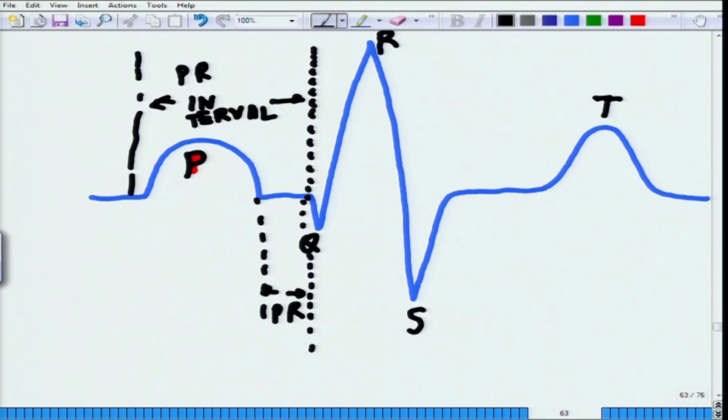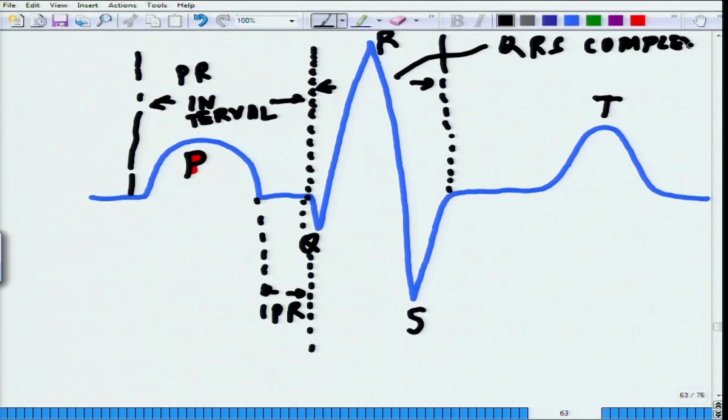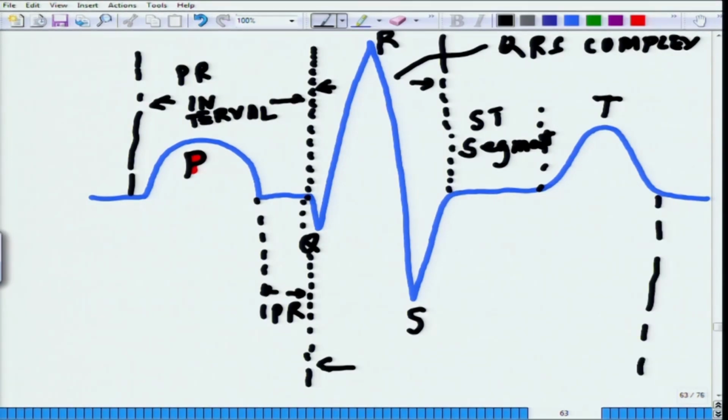Then you have this QRS complex, which is from here to here. And from here to this part, it is called the ST segment. And from this Q, where the Q starts, to the end of the T, this is called the QT interval.